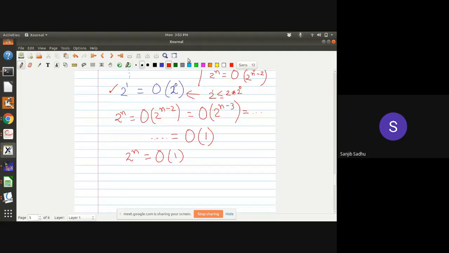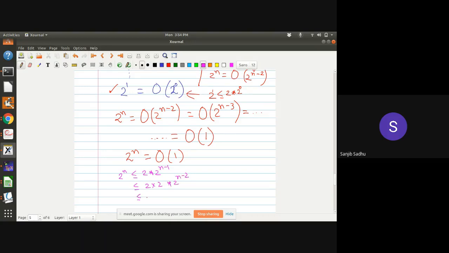So here what happens, you see, whenever I am writing 2 to the power n is less than or equal to 2 into 2 to the power n minus 1, then this is less than or equal to 2 into 2 into 2 to the power n minus 2, rule of transitivity.